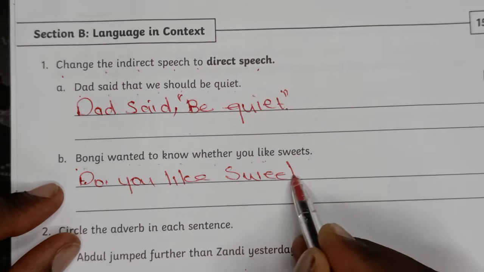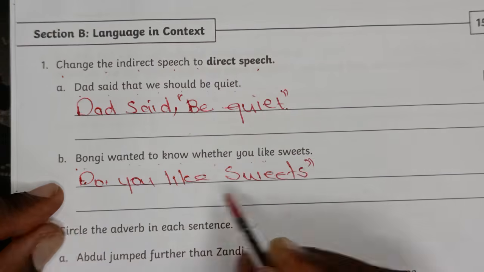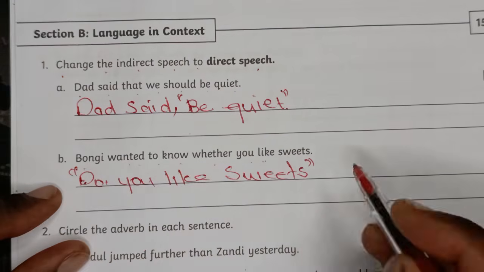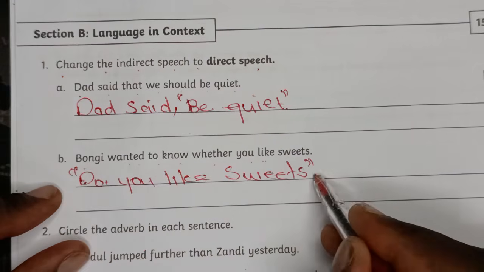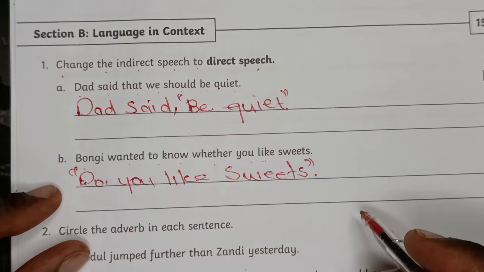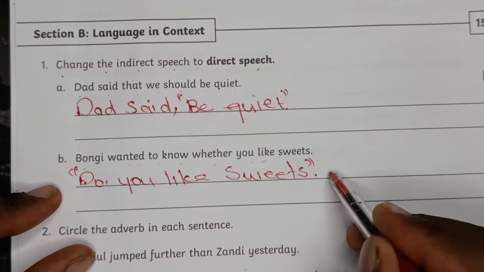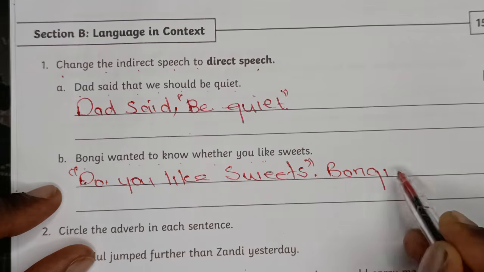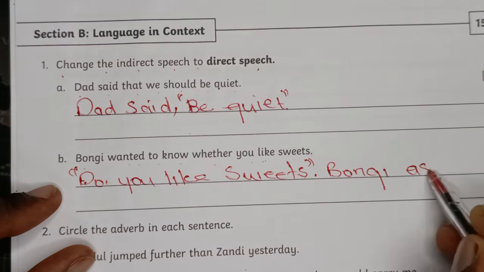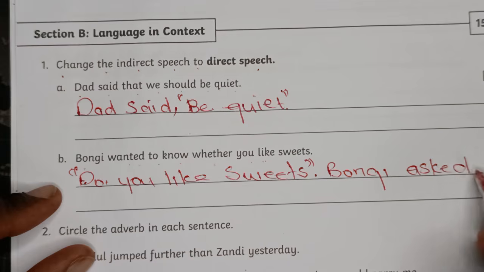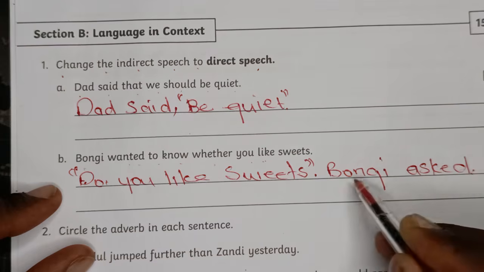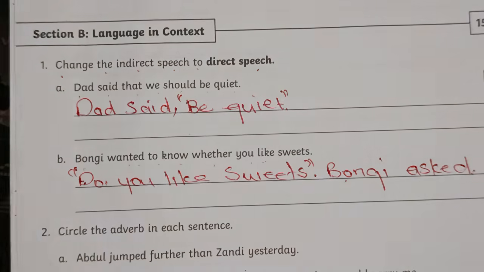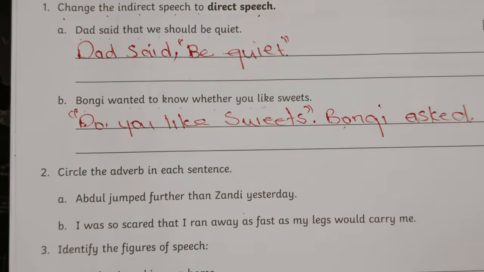This sounds direct because it sounds like the way the person would have said it. Then you say Bongi asked, or you can say asked Bongi. So that will be correct.